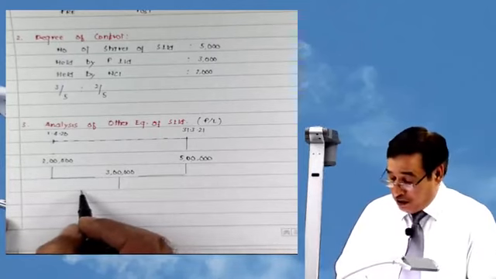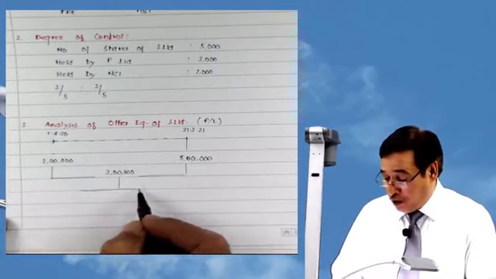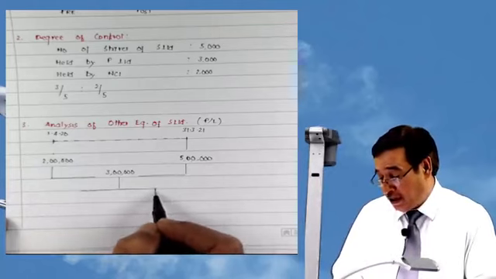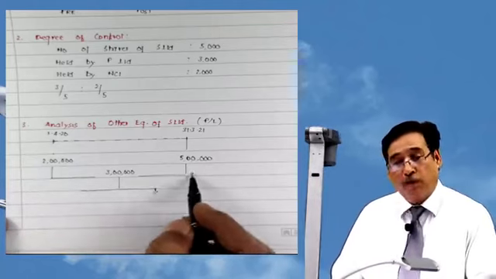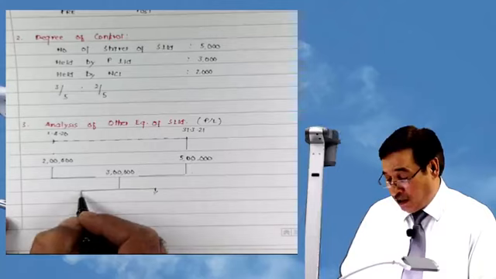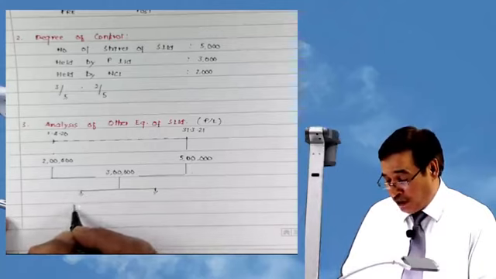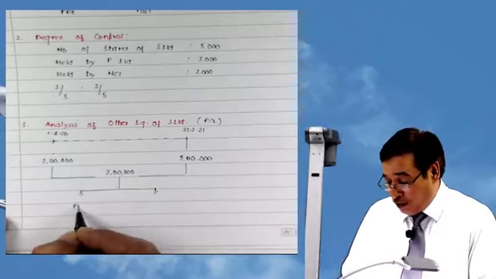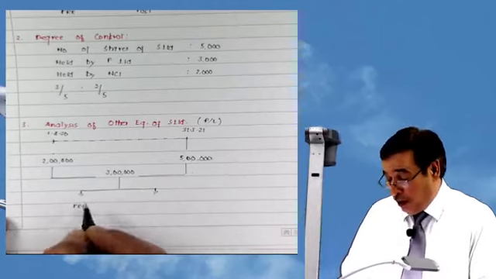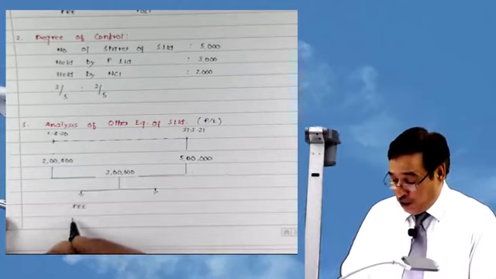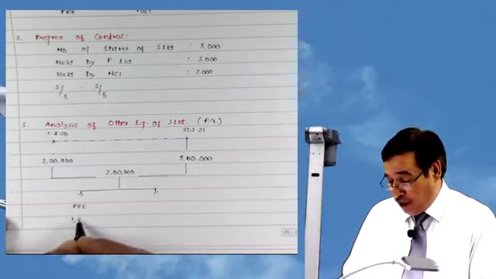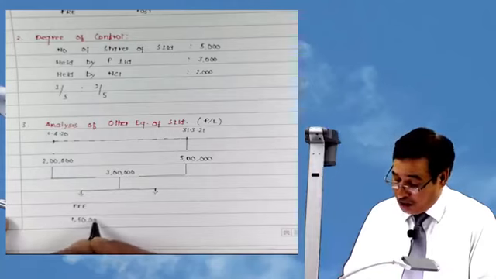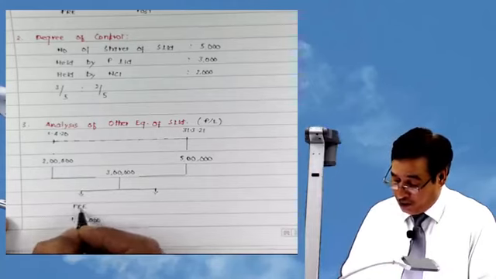So out of this, these are 12 months profit, so first 6 months profit will be considered as pre-acquisition profit, isn't it or not? So 3 lakh into 6 by 12, that is 1/2, will give me 1,50,000. These are pre-acquisition profit. I have written pre.